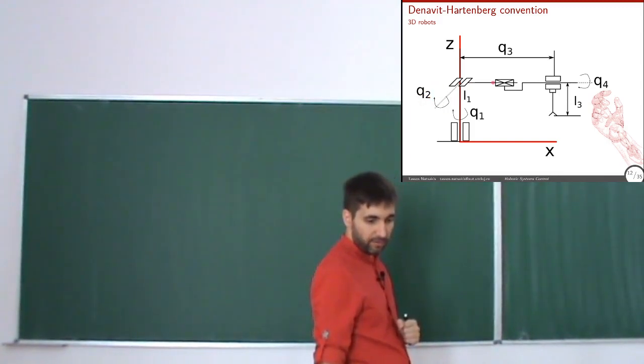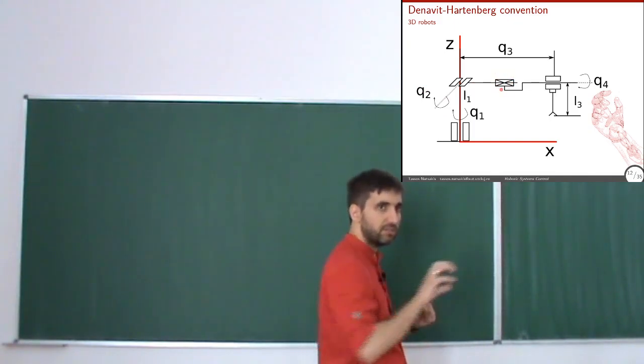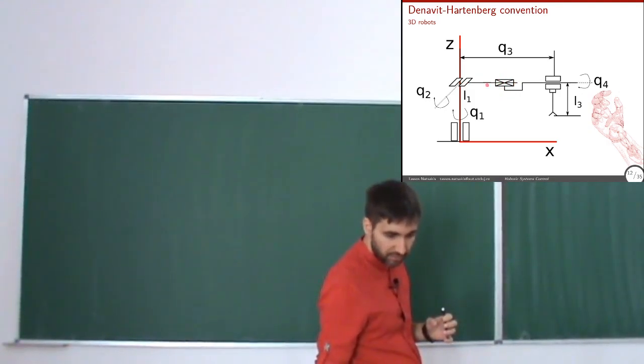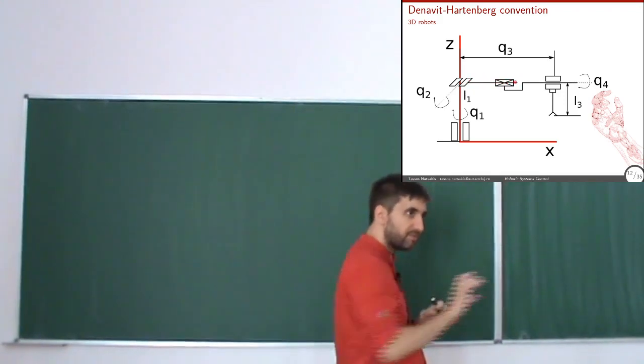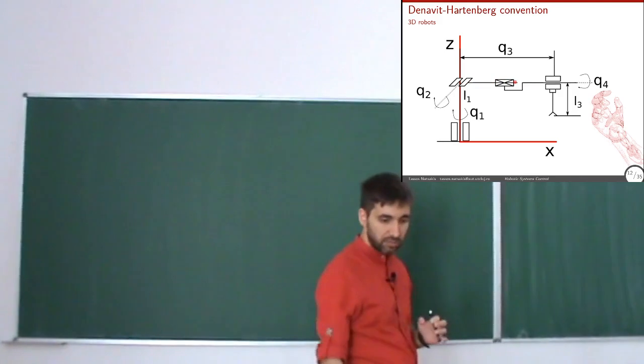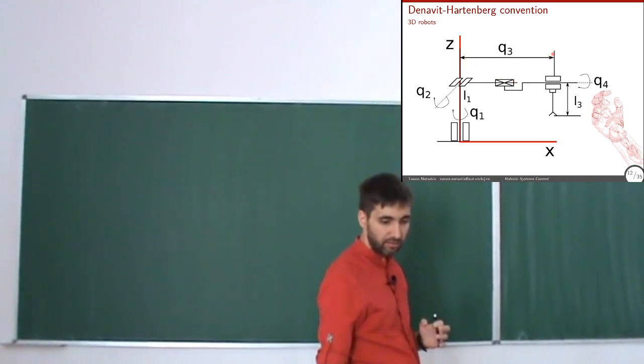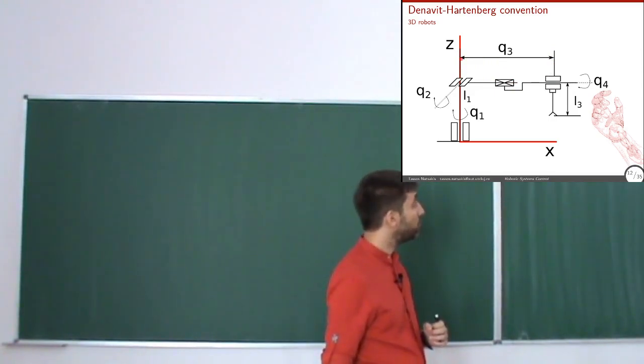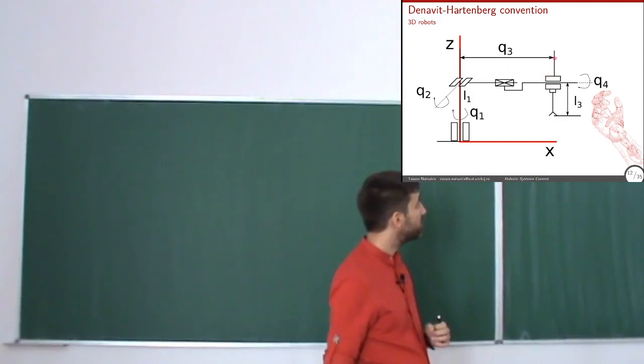Now, if you remember, this is how I represent prismatic joints, sliding, so it shows that it slides along this link. And you can also understand it's a prismatic joint because here the distance is a variable. So the distance from here to here is variable, and from here to here is fixed.